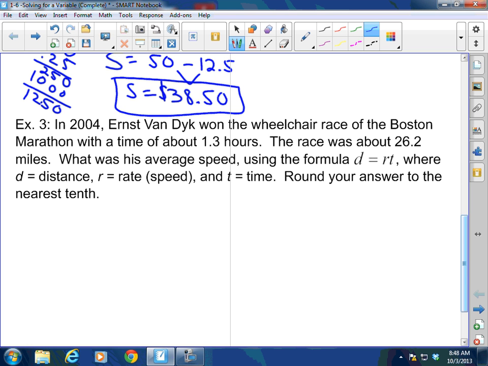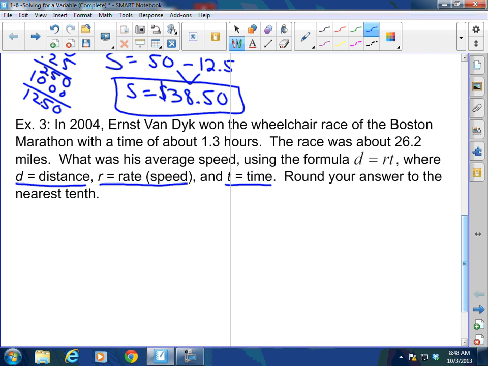What was his average speed using the formula D equals R times T, where D is distance, R is the rate or speed, and T is time. Rate could be in feet per second, miles per hour, or kilometers per hour, and time could be in seconds, hours, days, or years. It depends on the problem.